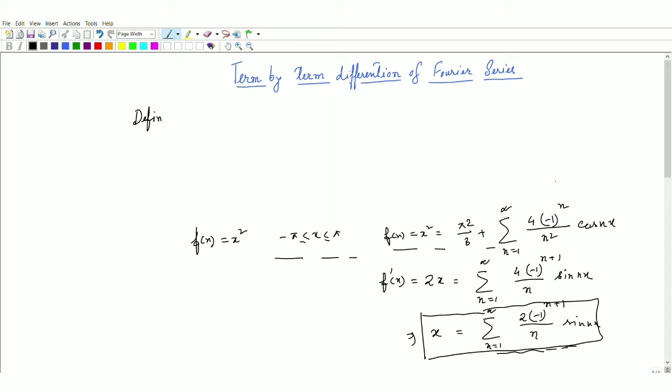So the theorem: you can write that if f(x) is a continuous function in the interval minus pi to pi.